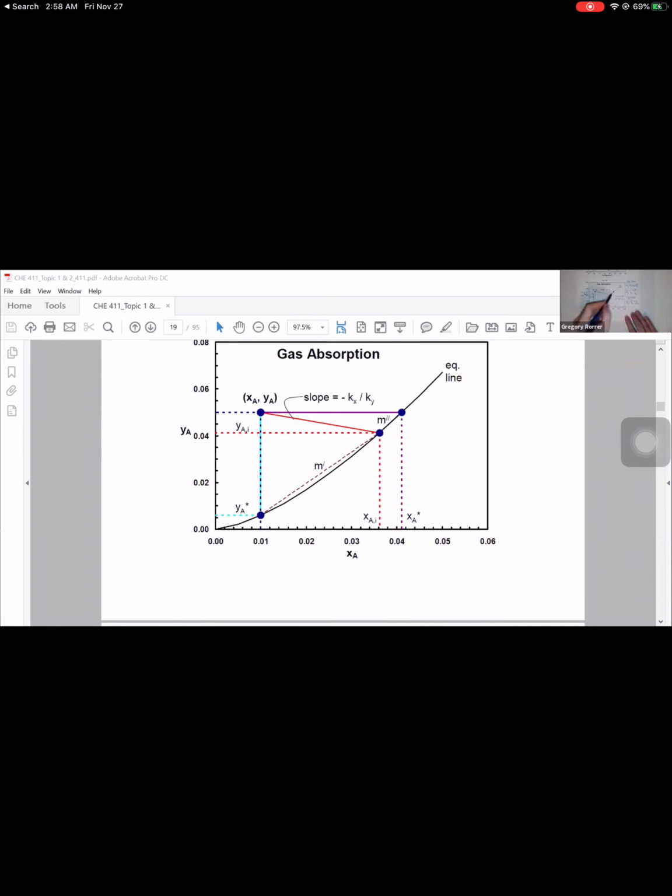Now in reality, these M prime and M double prime don't change a whole lot in numerical value. So this is mainly of theoretical significance, but nevertheless in the development, they are different.